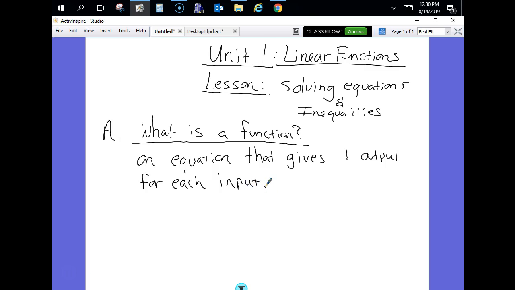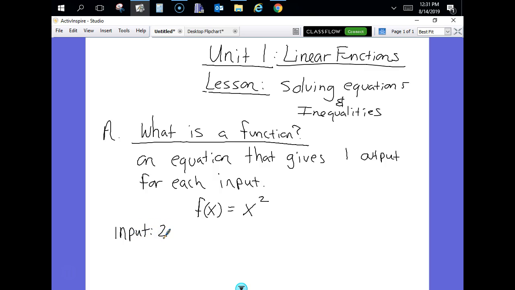Okay, so suppose I have f of x equals x squared, right? Well, I can plug a number in, right? So pick a number for me to plug in. 2. Okay, so somebody said we want to do an input of 2.